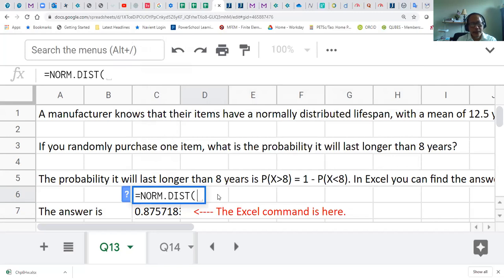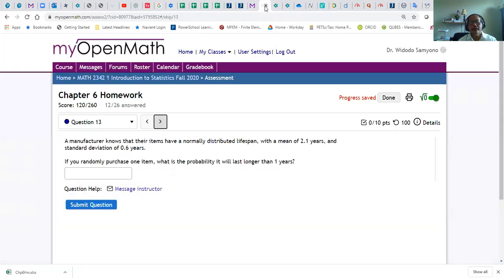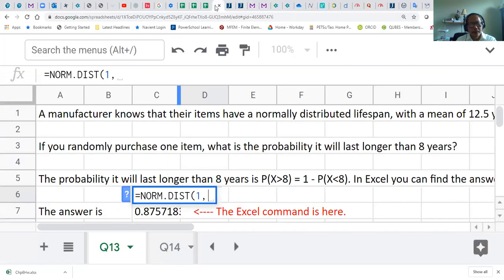So less than 1 year, that means you need to put 1 here. Okay, and what is the mean? The mean is 2.1, and the standard deviation 0.6, right? Okay, enter.